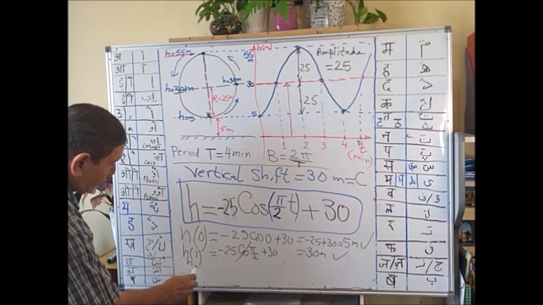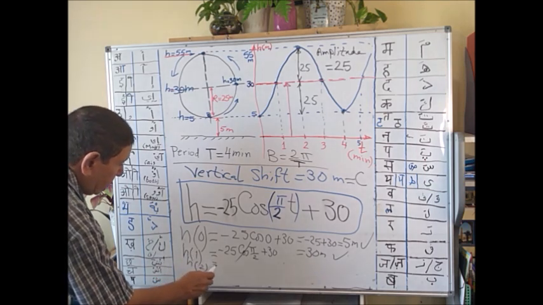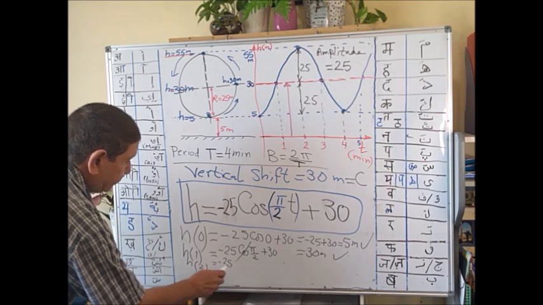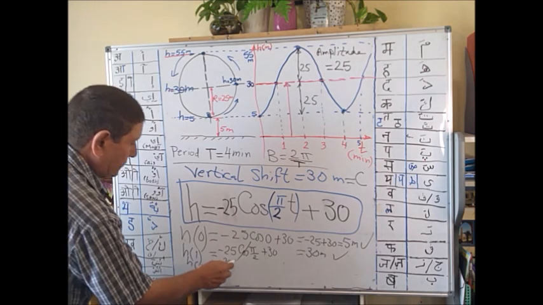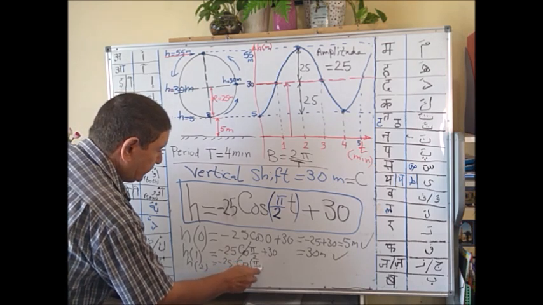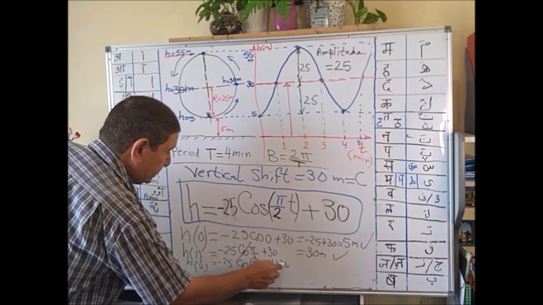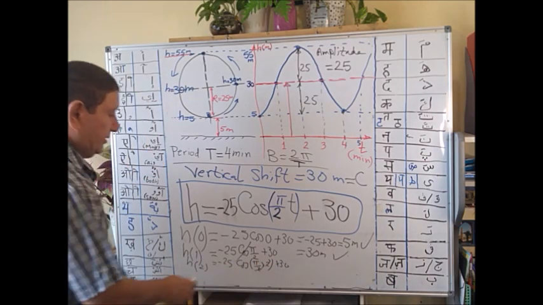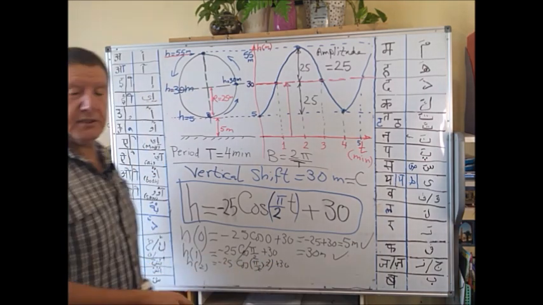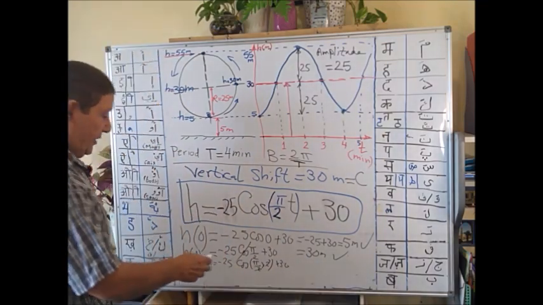And now h, let's say, after 2 minutes. That will give you minus 25 cosine of pi over 2 times 2, plus 30. The 2 and 2 cross out. So cosine pi is minus 1.